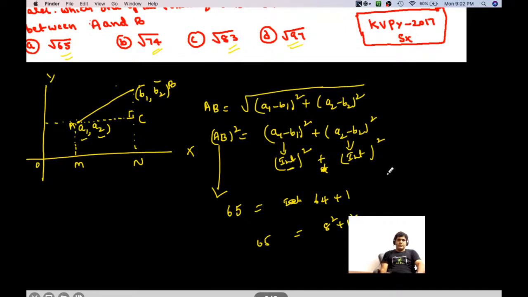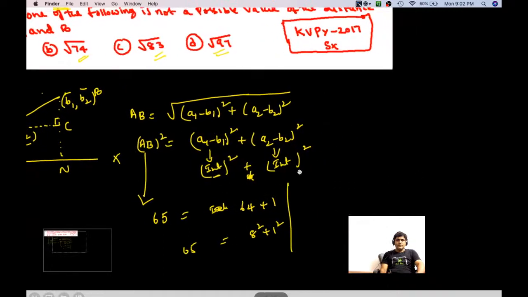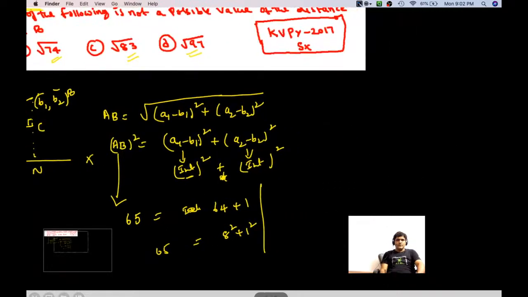Now go for the second option. Root 74 is the distance, so AB square is 74. Is 74 equal to integer square plus integer square?